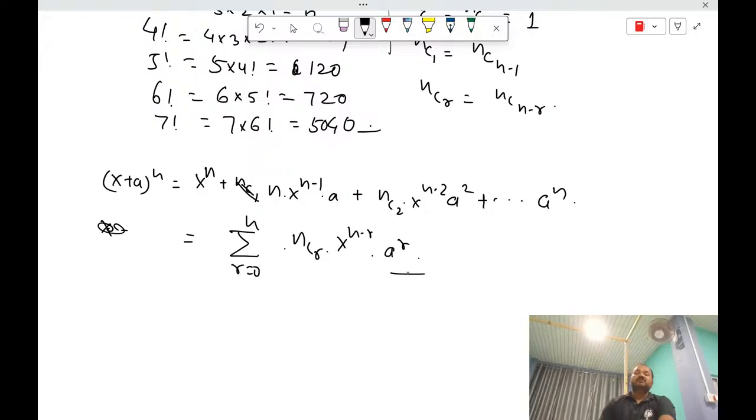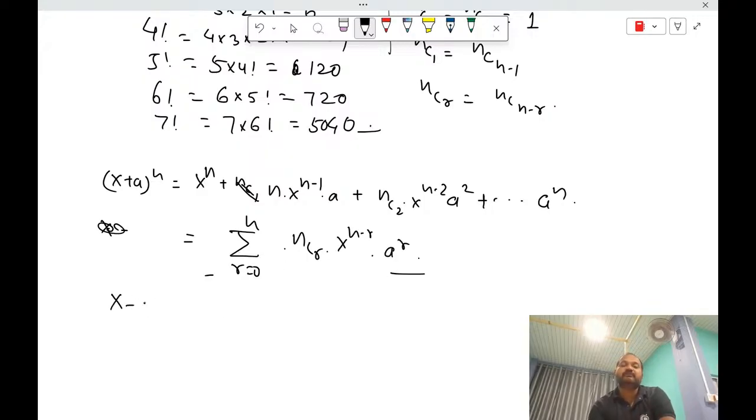The summation sigma denotes the summation of the terms. It varies with r. If you put the value r equal to 0, we get nC0 x to the power n and a to the power 0. The next terms will be nC1, nC2, nC3, up to nCn. So in the general term, we can write it in summation form in this way.